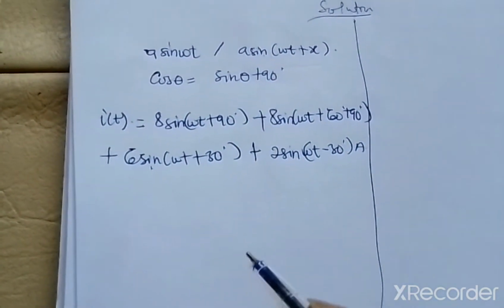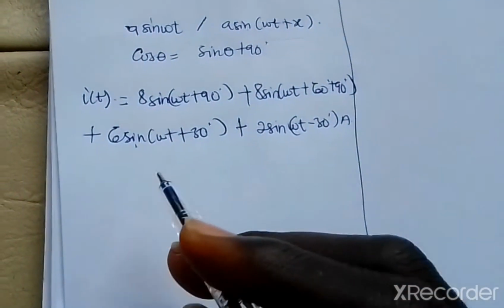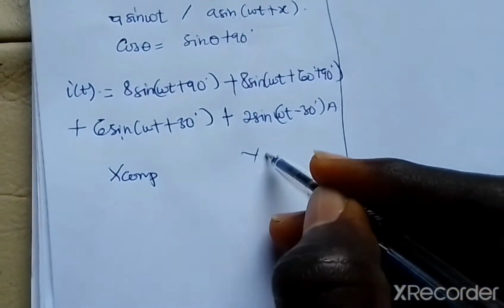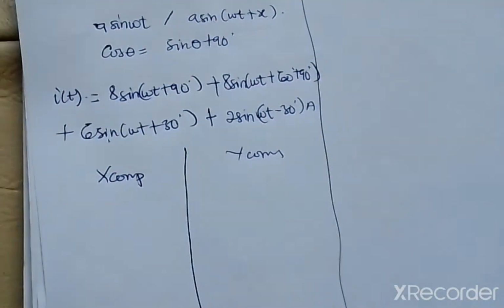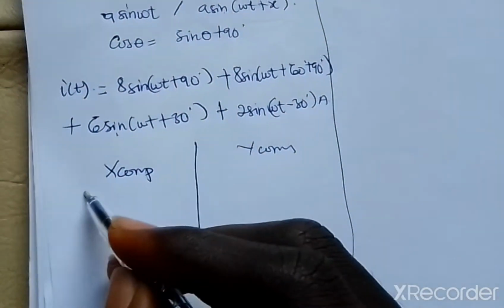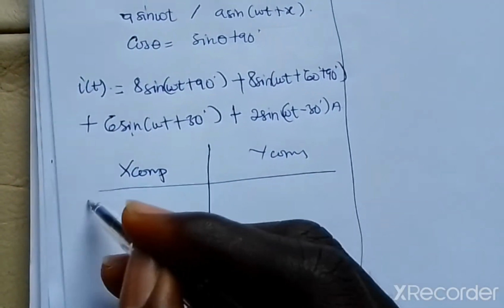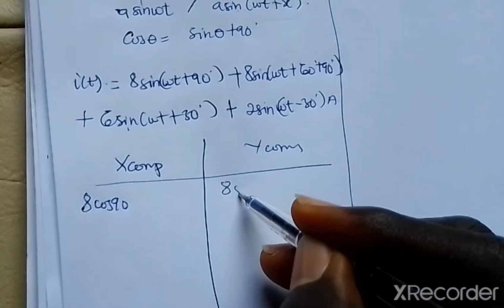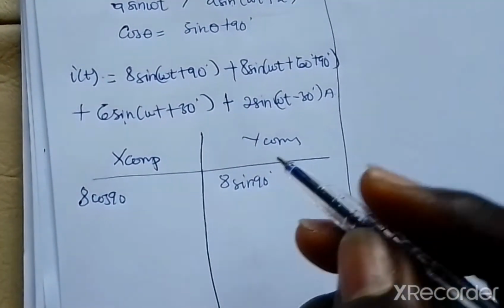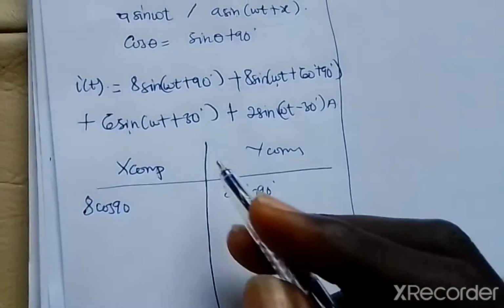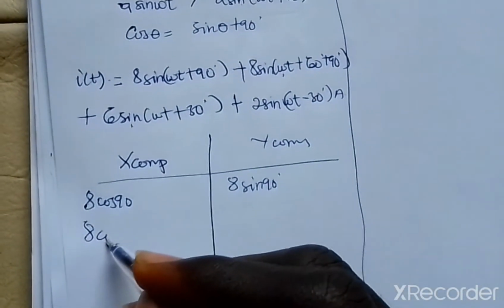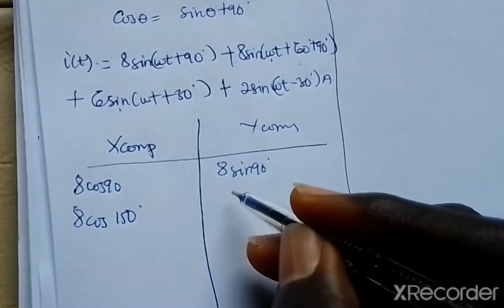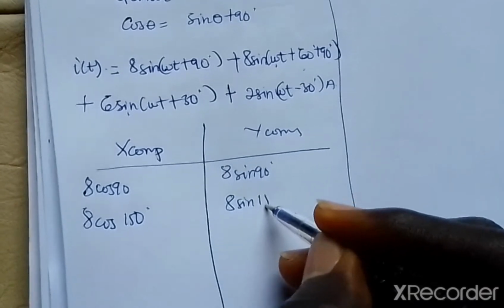We are left with resolving each component into x and y components. Let me write my x component here, then my y component here. For the first one, the x component is 8 cos 90°, then 8 sin 90° is the y component. For the second, 8 cos 150°, because 60 plus 90, then 8 sin 150°.